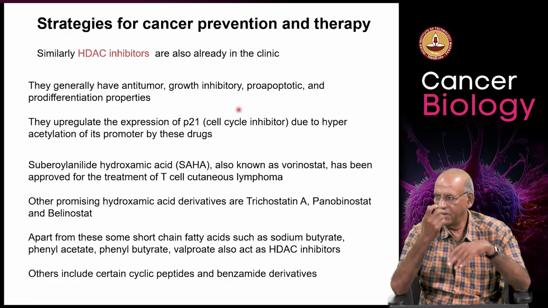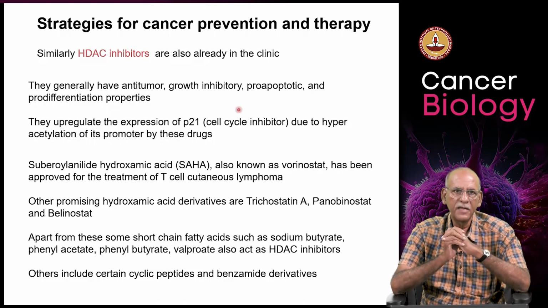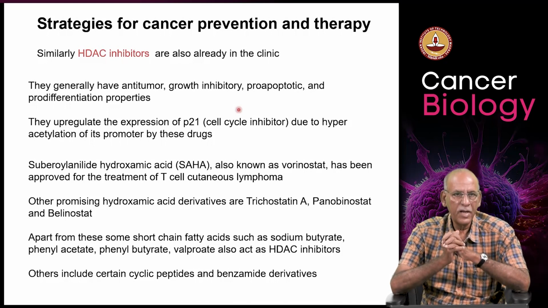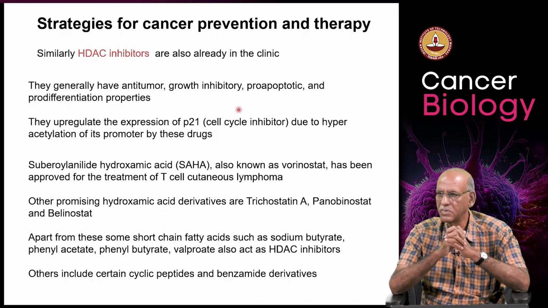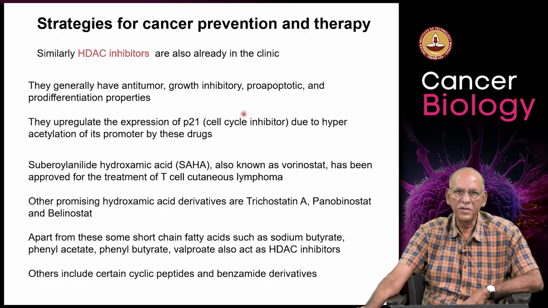These are the important ways by which you will be treating the cancer. Of course, these inhibitors upregulate the expression of P21. If you remember, P21 is a cell cycle inhibitor, and the mechanism is hyperacetylation of its promoter by these drugs.